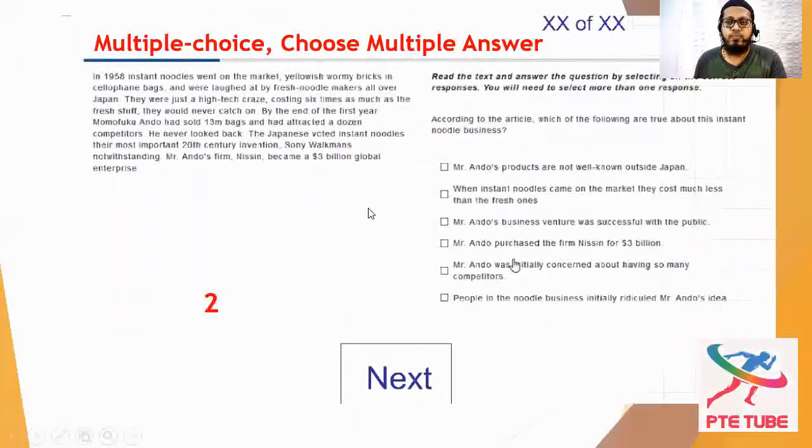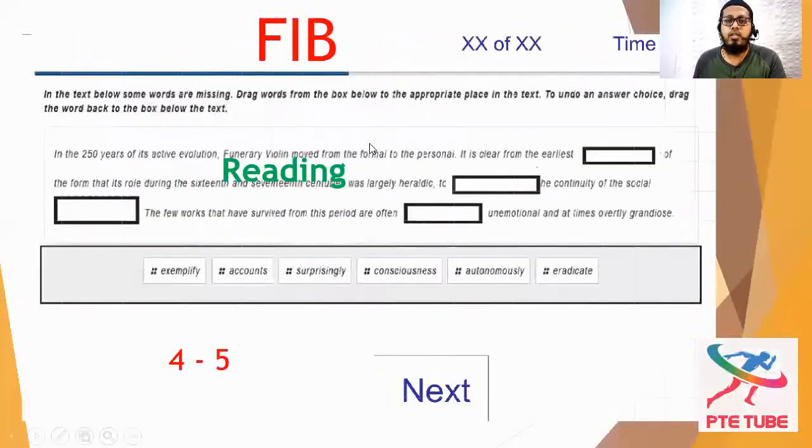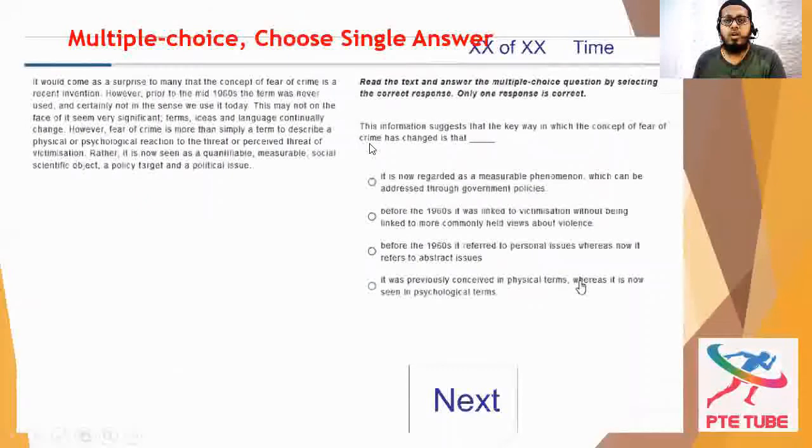Whereas with this one, it is choose multiple answer. I will not read the instruction and waste my time. I see this box and make up my mind that this is choose multiple answer. This is a very important one. This will save you a lot of time.